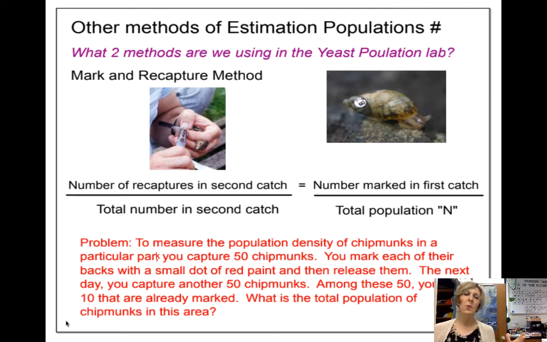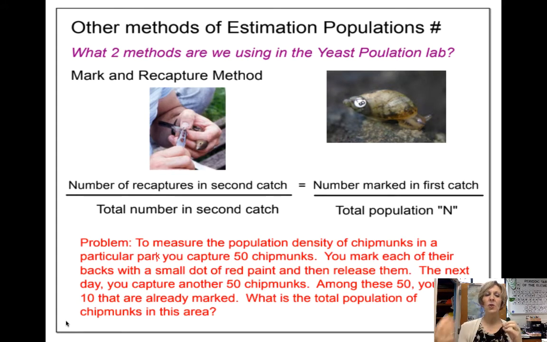So we have some other ways of estimating populations, and one of them is called the mark and recapture method. You've probably seen this on TV, where an organism is marked or banded, with some kind of marker put on that hopefully doesn't wash off.